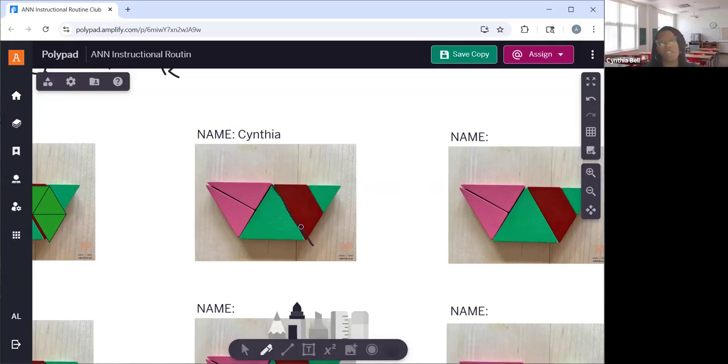So then I just had to figure out 1/3 of what. I remembered from the manipulatives that it takes four of those little triangles to make the whole shape. But then I did use the Polypad to check my work, to make sure that the green triangle did in fact fit three of them inside the red one.